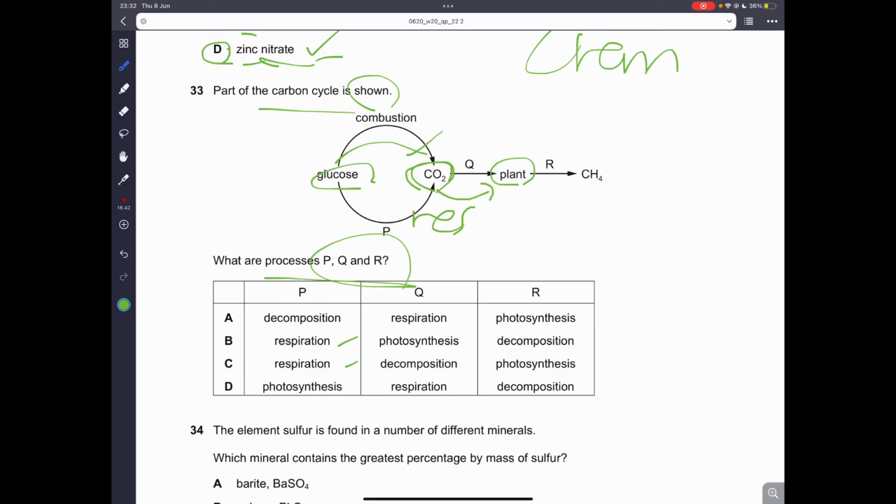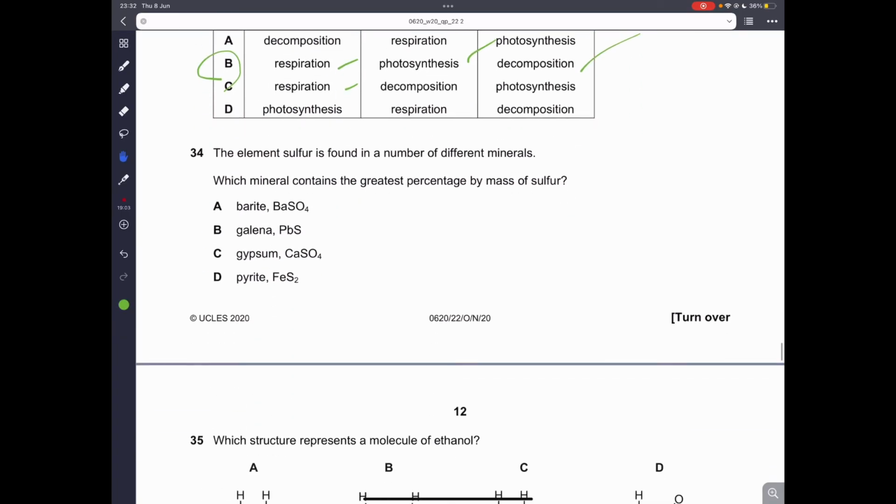The plant takes in carbon dioxide by photosynthesis, and then the plant returns the carbon in the form of methane. This means it is decomposing. Therefore, B is the correct answer.